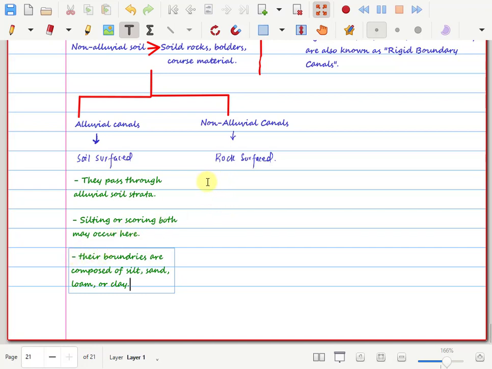But in case of non-alluvial canals, as they are made up of rock surface, you can say that they pass through hard strata. Okay, and because of the hard strata, no silting will occur.